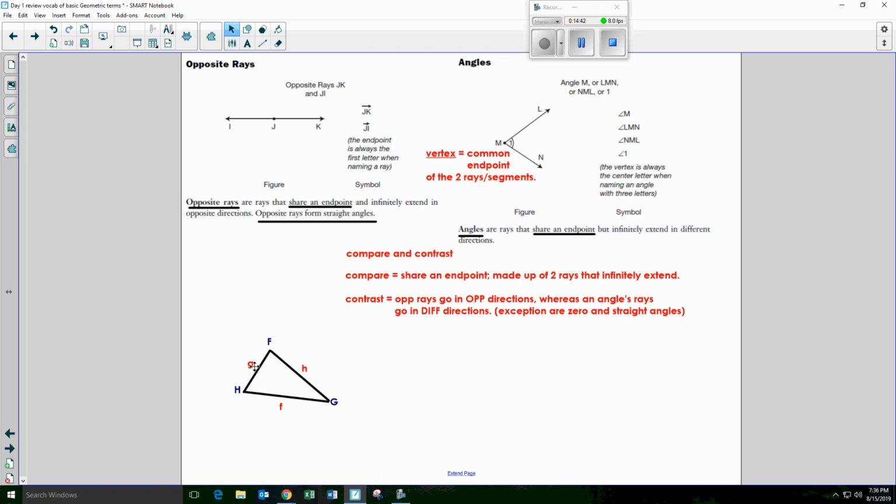Okay, and now I talked about how we name points with capital letters all the time. Well, here's where our lowercase letters come in. Lowercase letters are used to name side lengths, one way of naming side lengths. This little g, notice, is opposite capital G, because when I created this angle, it formed that side. If I take that angle, right here and right here, and I connect those two endpoints, it created that side.